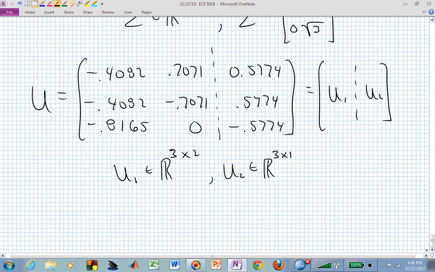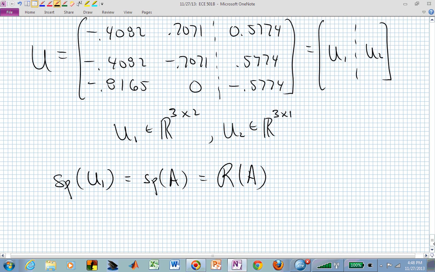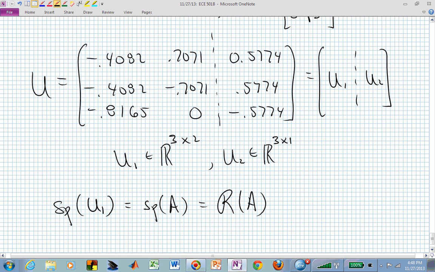So now I'm basically showing you where these 4 fundamental subspaces are coming from in this decomposition. The span of U sub 1 is the span of A, which is really just the range space of A. But what did I say about the columns of U? They were orthonormal.